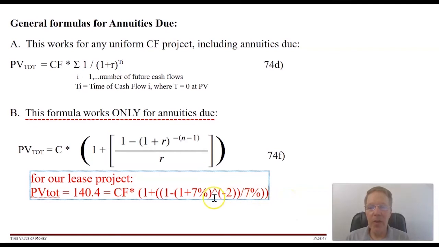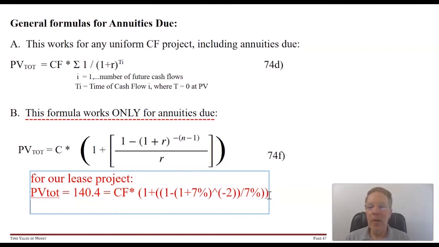And let me just go through a little bit of this with you. Key thing to remember here is that we're raising this to the -2. It's a 3-year project, but the last payment happens at end of year 2 to give them the right to use the equipment for year 3, et cetera, et cetera.